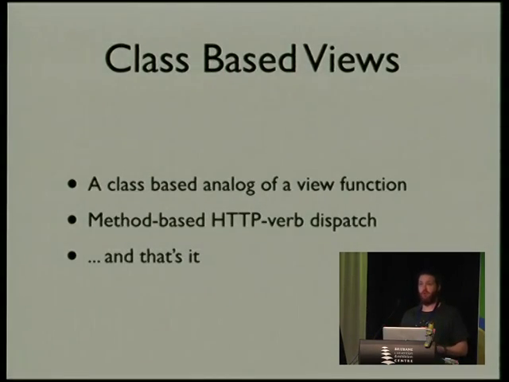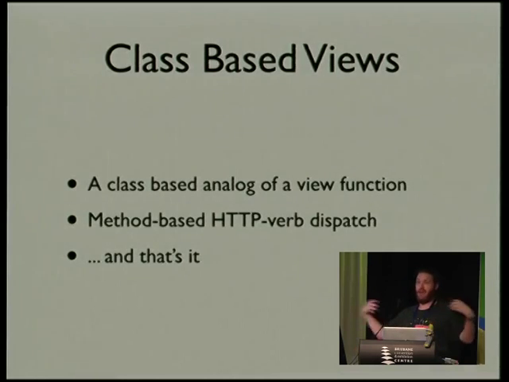A class-based view is just the class-based analog of a view function. Django says that the prototype, or the operating definition of what you can execute is a view. A view is just a callable that takes a request and returns a response. Due to the wonders that is Python, that means it can be a class as well. And so a class-based view is just how do you write a class that can be used as a view.